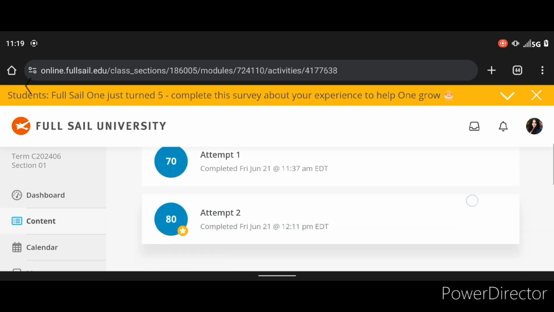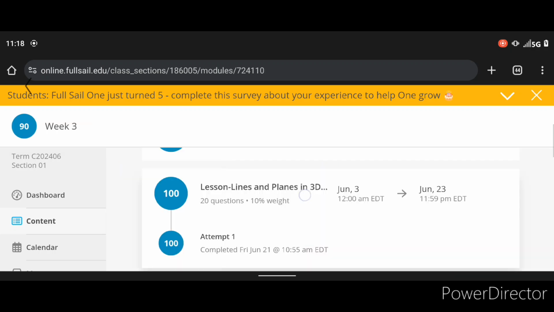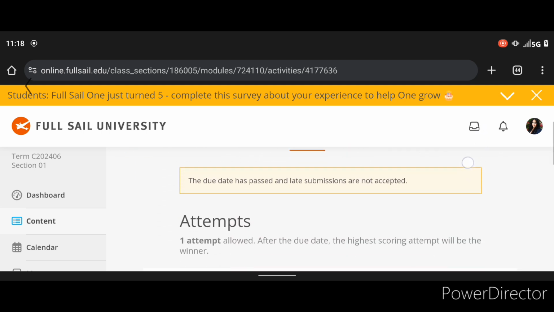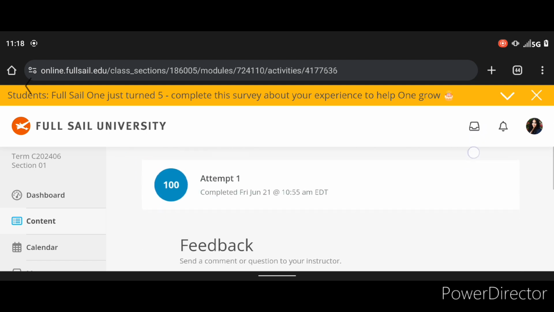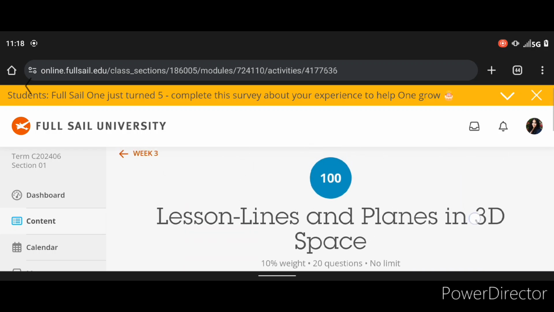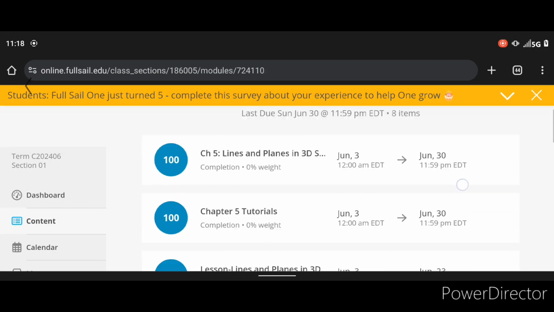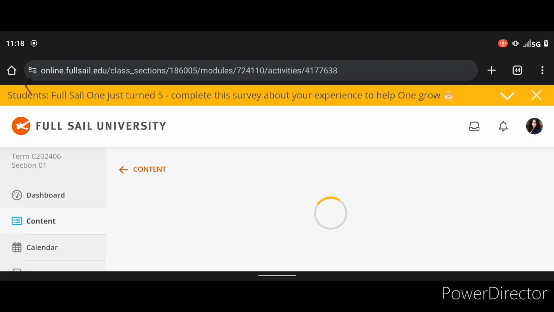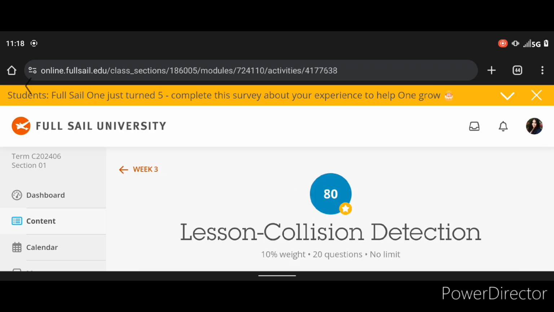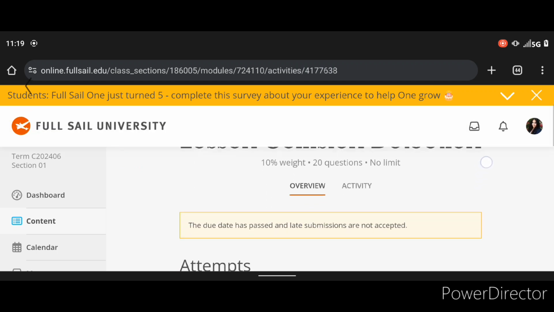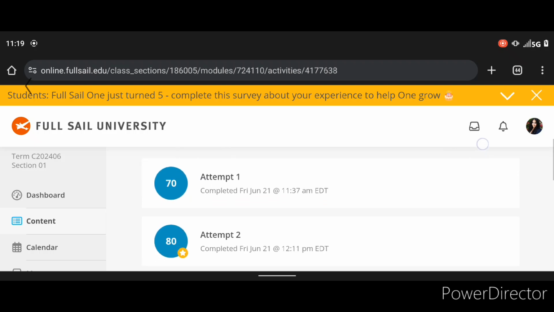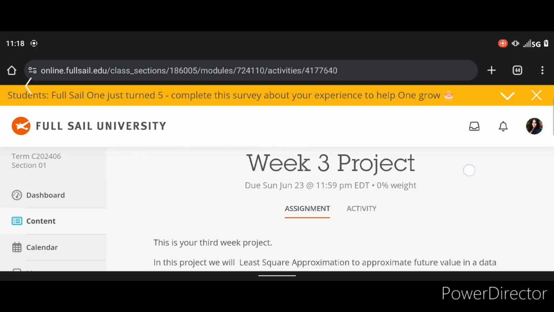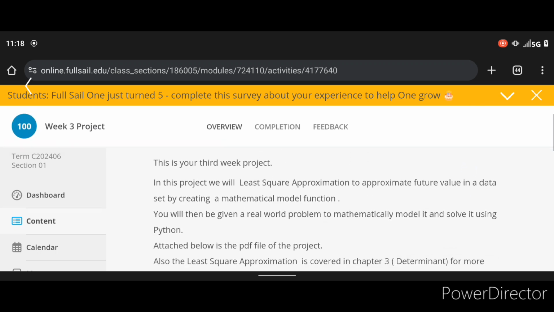First attempt I got a 70, and second attempt I got an 80. That is my lowest grade so far, and if my predictions from the last recap video are right, the bonus points I get from completing the test will probably apply to the chapter 6 quiz. And then the week 3 project, of course, I just marked as complete.